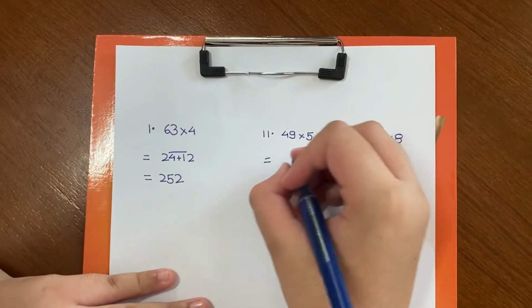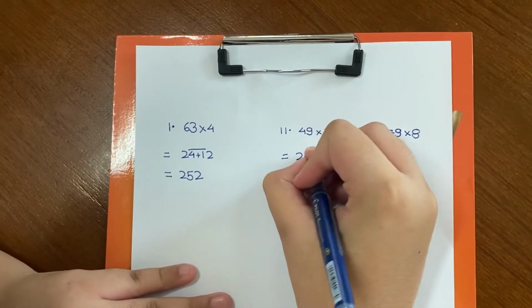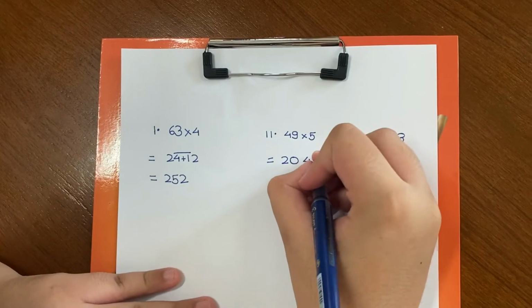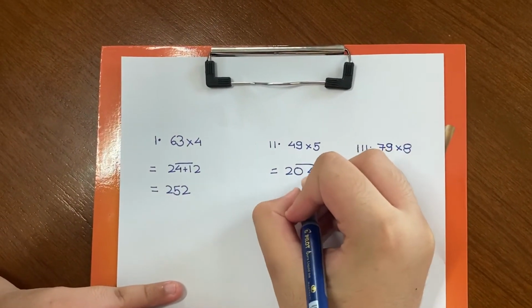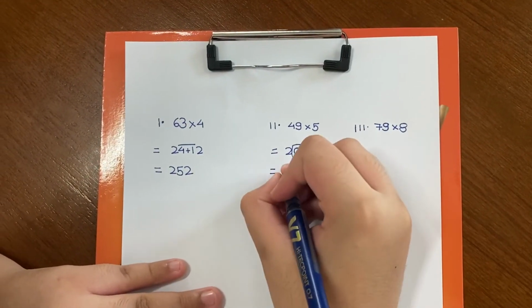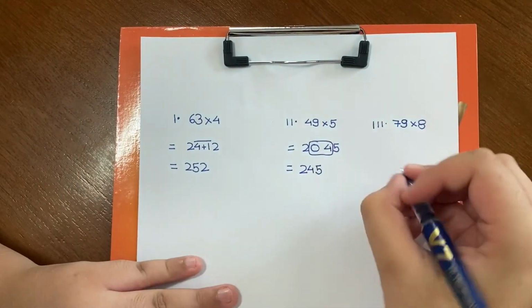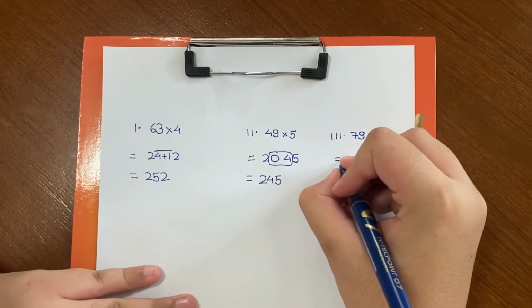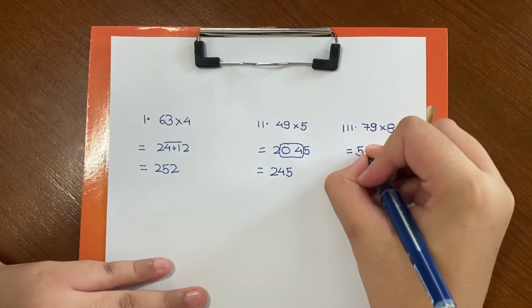So now we are going to do 49 into 5. That is 4 into 5 is 20. And 9 into 5 is 45. That is 245. And now we are going to do 79 into 8. 7 8s are 56, so we are going to write 56 here.